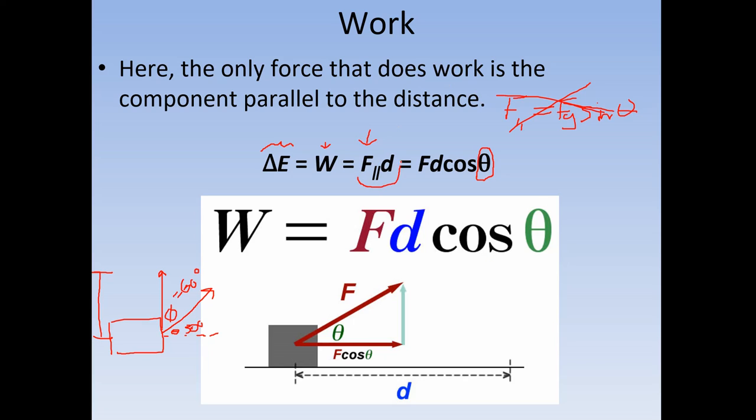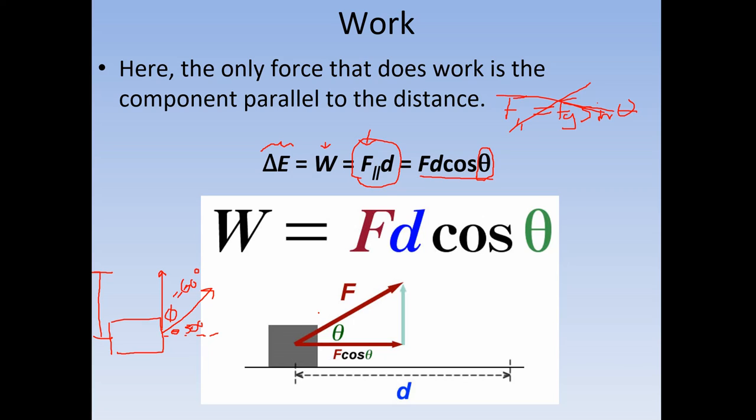If so, I can use this equation, or I can leave everything in their normal forms, so leaving the force at any sort of angle, but then use F d cosine theta where I have to make sure that the theta is between the force and the displacement.